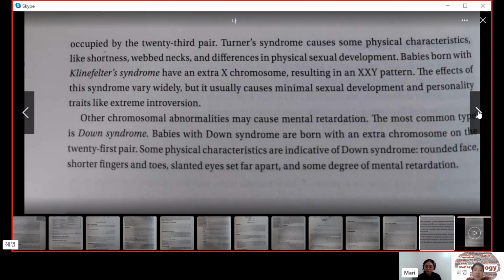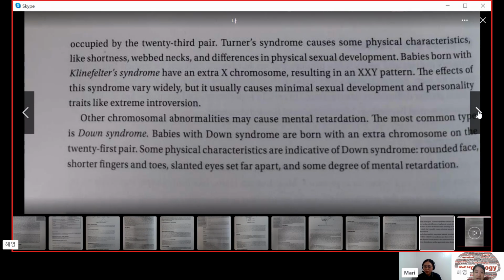The effects of this syndrome vary widely, but it usually causes minimal sexual development and personality traits like extreme extroversion. Other chromosomal abnormalities may cause mental retardation.